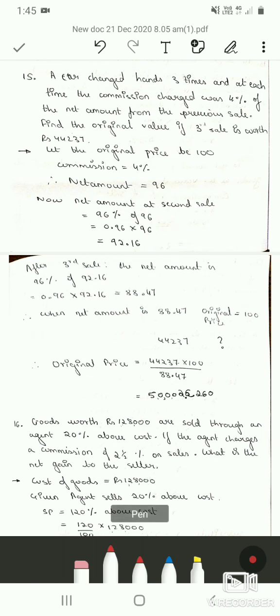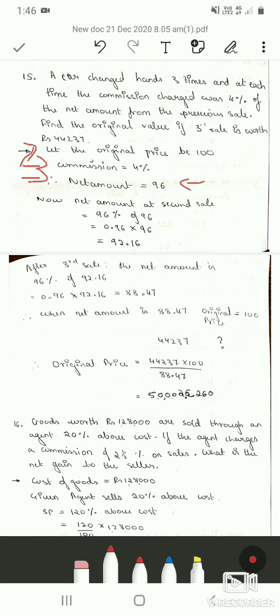So now let us assume the original price to be 100. Now we know the commission is 4%. Therefore the net amount will be 96 rupees. That is, to get the net amount, we have to take the original price minus the value of commission, that is 100 minus 4, which is 96.